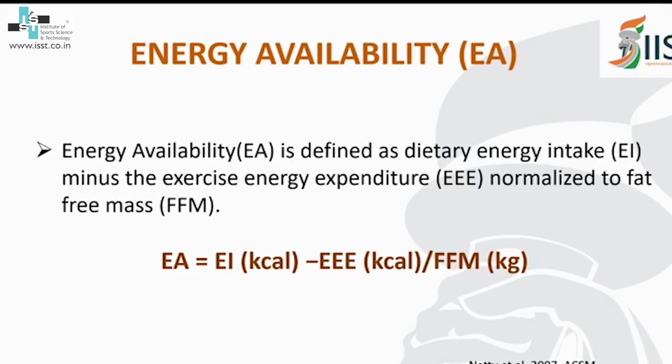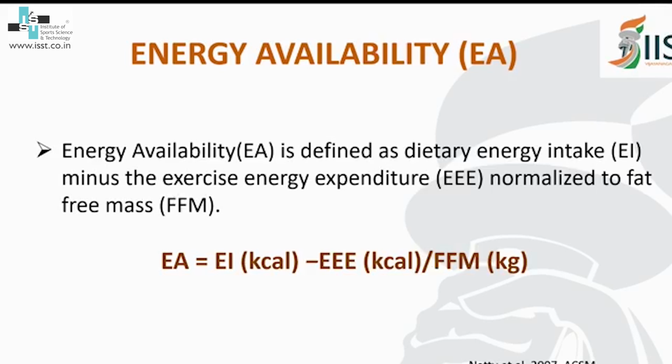So like I mentioned, if you're going to understand REDS, we need to go a few steps behind and start from what energy availability means. Energy availability is nothing but a balance between the dietary intake, say the food that I'm eating, minus the energy that I expend during exercise.